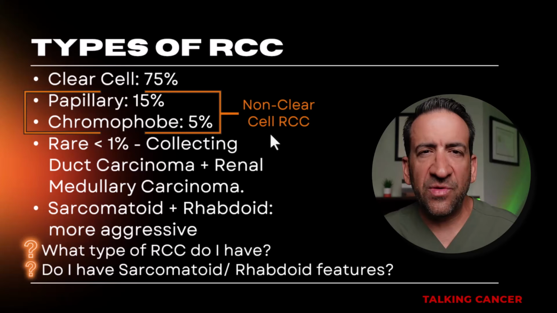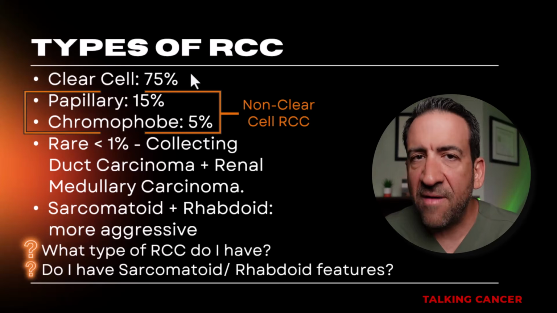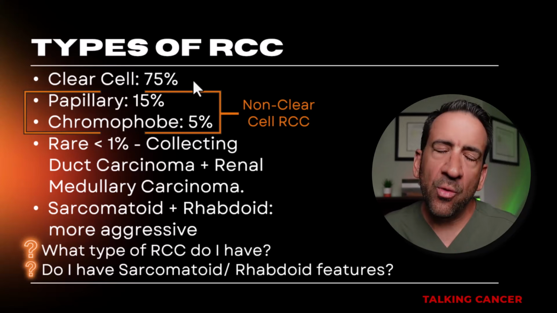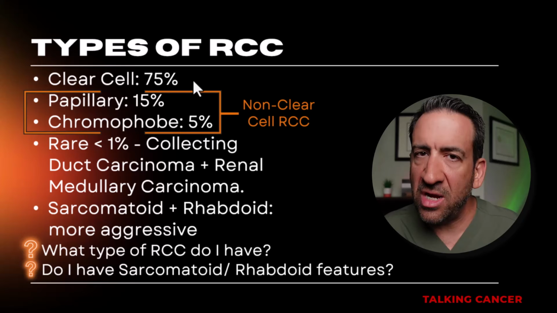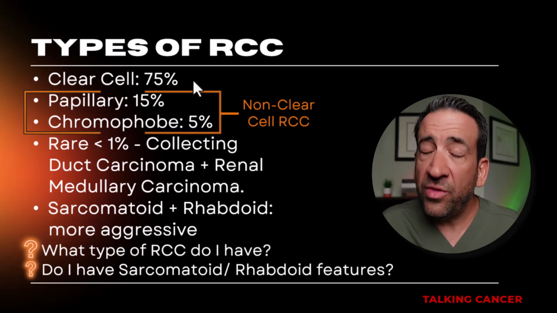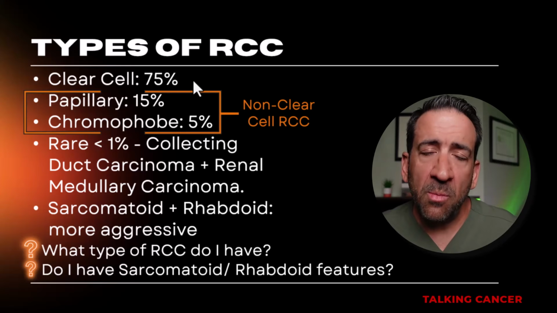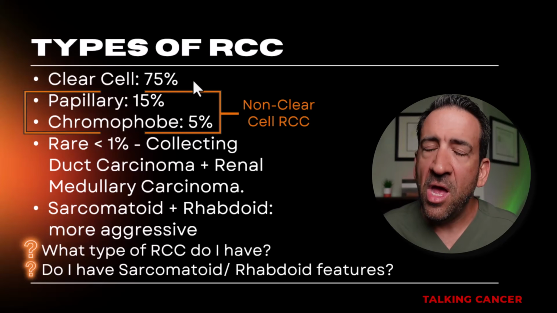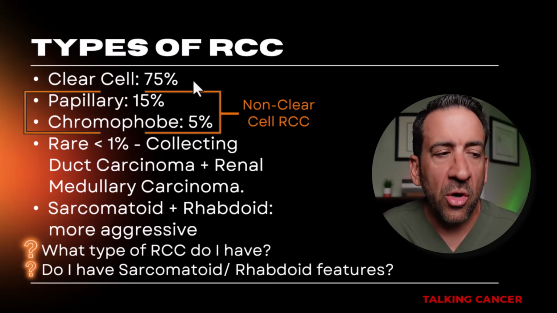These are just terms that I want you to become familiar with, because the most important thing here is that about 75% are clear cell carcinoma. And the reason this is important is because most clinical trials and most studies are done on patients with the most common type of kidney cancer. So most of the data that we have comes from clear cell carcinoma, okay? That's why I really want you to know about this.